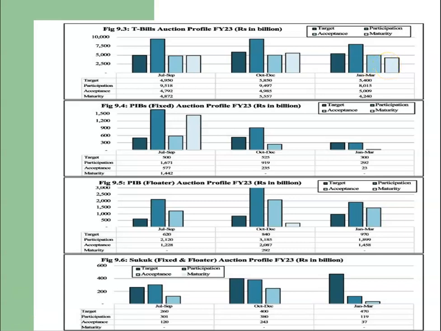So you can look at all these figures for Pakistan investment bonds fixed, Pakistan investment bonds floater in this diagram, and this is for treasury bills. And in this lower part of this diagram we can see Sukuk auction profile for fixed and float for the fiscal year 23, and the data is in rupees billion.